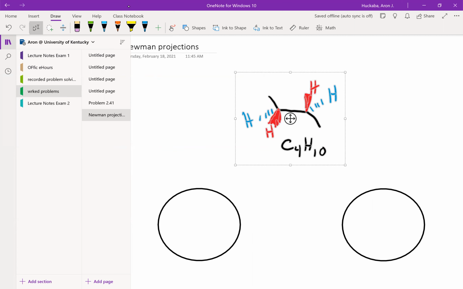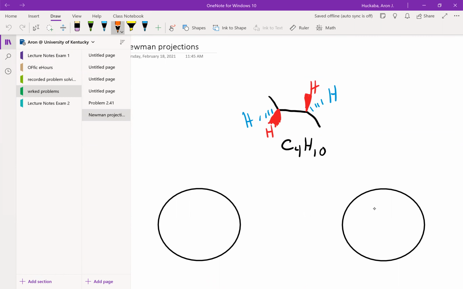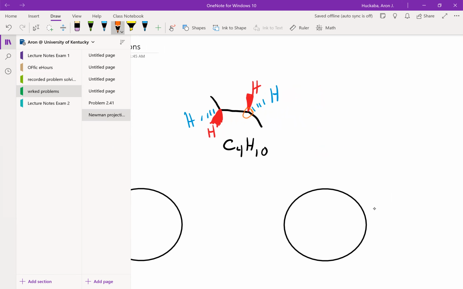Let's say, for instance, we were going to look at one of these carbons. Let's say it is the carbon on the right here. So we're going to make our viewing point down this carbon here, right? So that means that when we draw the Newman projection, we're going to draw it like this.